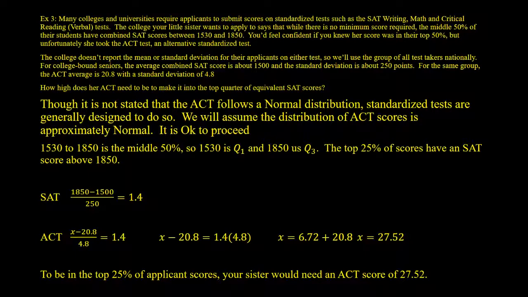To calculate a Z-score, we take our data point, or the score that we want to know, minus the mean, divided by the standard deviation. And that equals a Z-score. If we know the Z-score, the mean, and the standard deviation, we can find the data value. If we know a data value, standard deviation, and the Z-score, we can find the mean, and so on. So as long as we know 3 of those values, we can find the missing one.